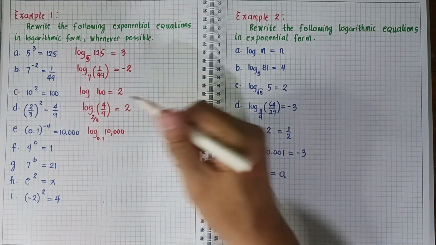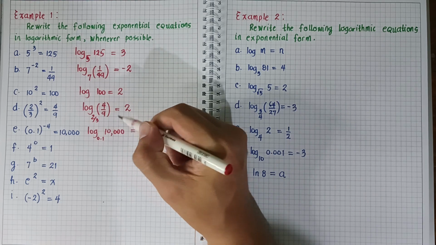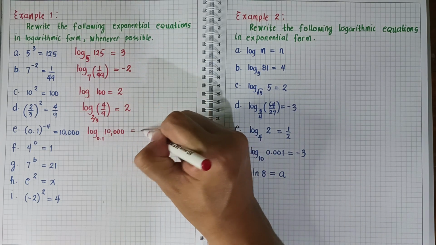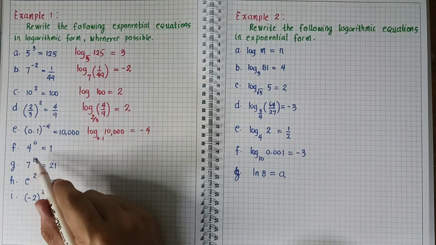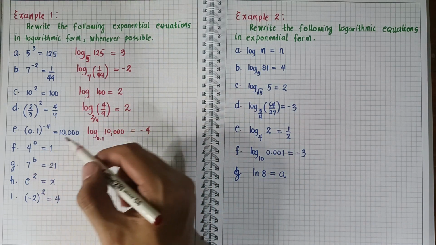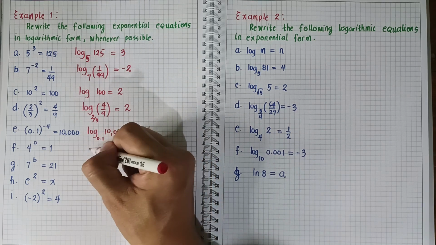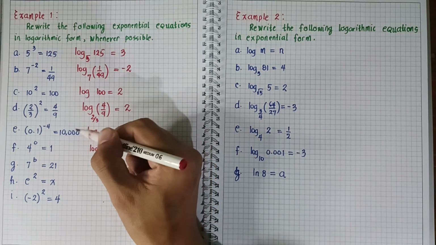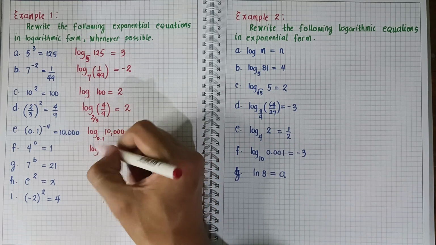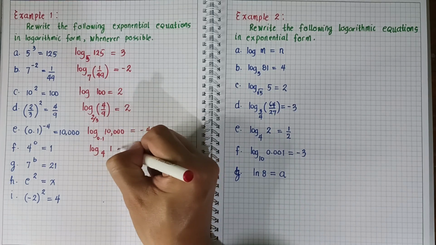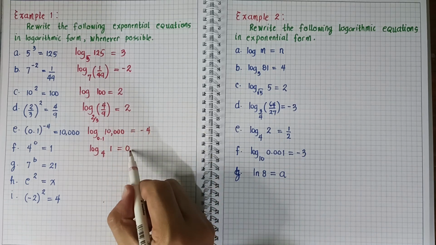And this is now equal to negative 4. Okay. Next, 4 raised to 0 equals 1. So, this becomes logarithm of 1 to the base 4 equals 0. So, 4 raised to 0 equals 1.